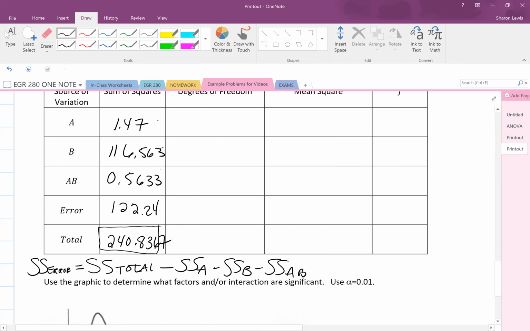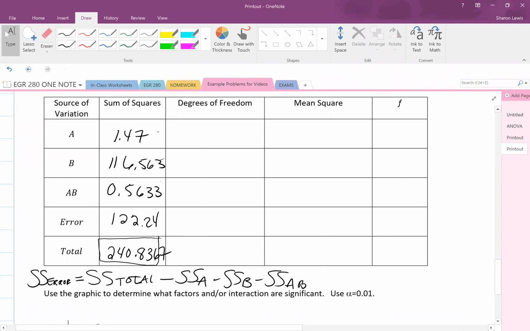So when we do that, we end up with 122.24 there. All right, so now we have to enter our degrees of freedom. So for A and B, it's A minus 1, B minus 1, where A is the number of levels for factor A, B is the number of levels for factor B. So we ran both of those at 2 levels, so degrees of freedom are 1 for both of those.